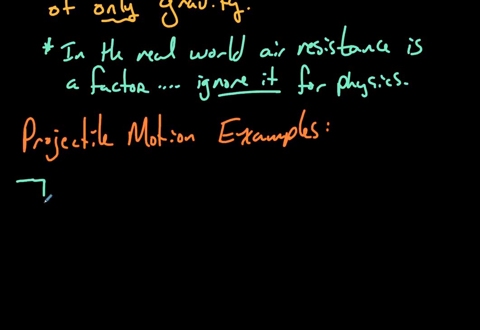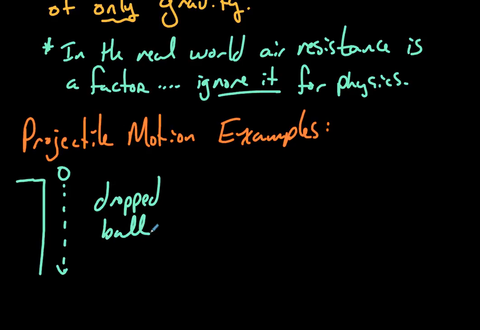Some we've already dealt with when doing kinematics, like for instance, a dropped ball would be considered projectile motion. Or any object really, it doesn't have to be a ball. Balls are just easy to draw. And an object tossed up in the air that goes up and then falls back down would be considered a projectile. Now we've dealt with a few of these before.